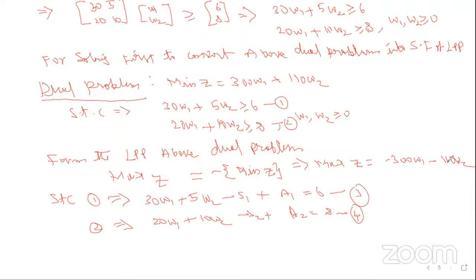Here S1, S2 are surplus variables, and A1, A2 are artificial variables.